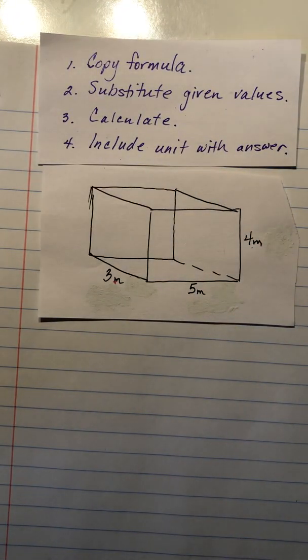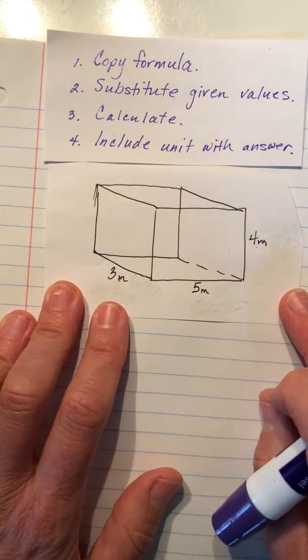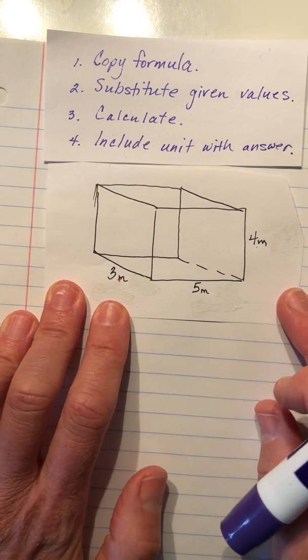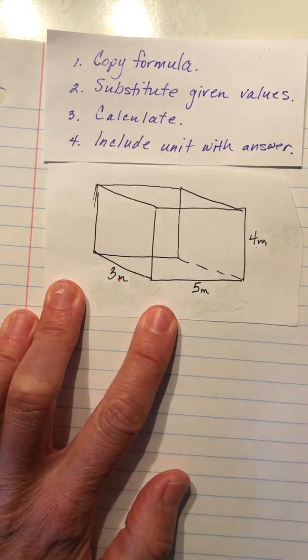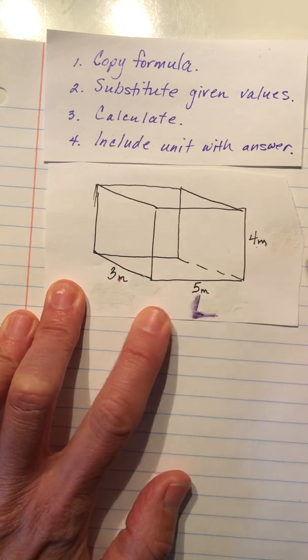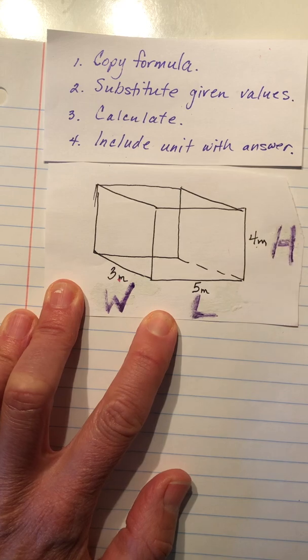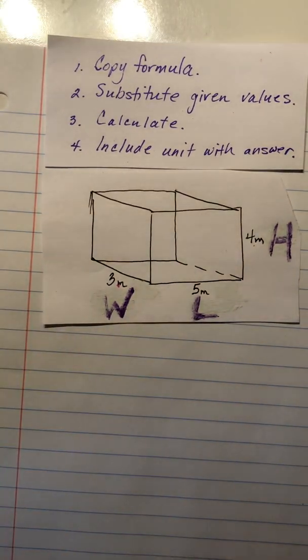The first thing that I always want you to do is label which is the length, the width, and the height. Doesn't matter so much now, but when we're working on surface area, it matters a lot. So I'm going to call that my length, I'm going to call that my width, and I'm going to call that my height.